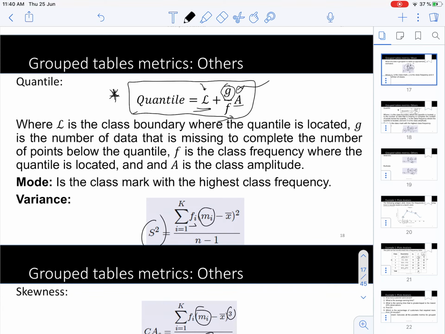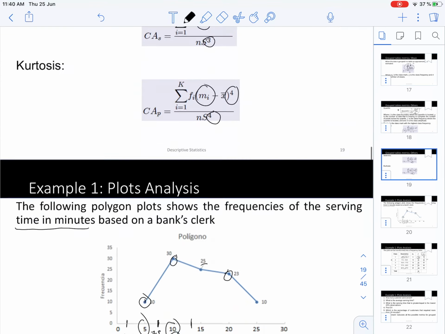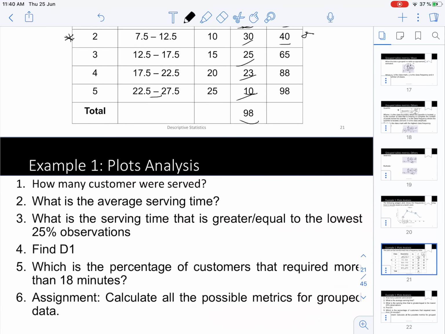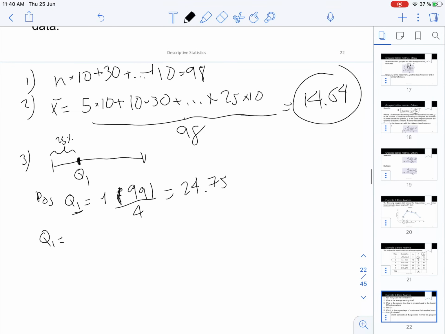For this equation, we need L, which is the lower boundary of the class where the position is located. We know that. F, the frequency of that class. A is the amplitude of the class. A is the same for every single class. And G, remember that G is the tricky one. G is the number of observations below the position inside the class. Let's see what that means.